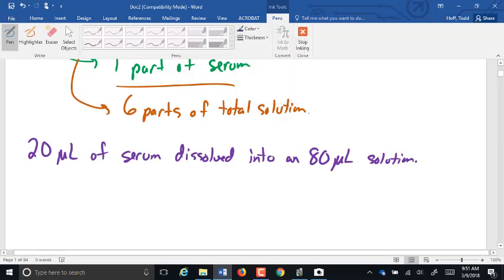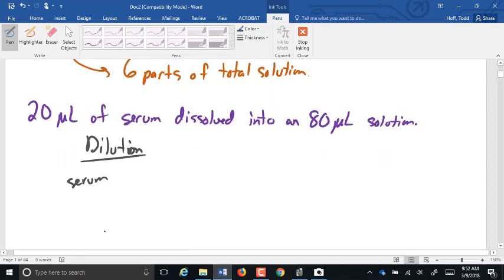What that means, our dilution there, remember dilution is serum to total solution.